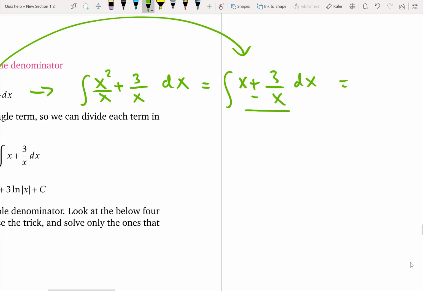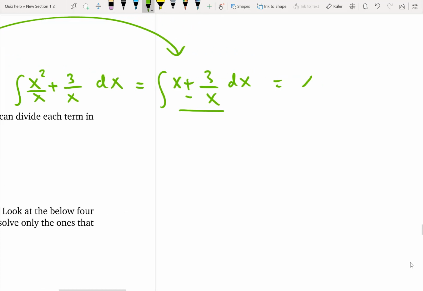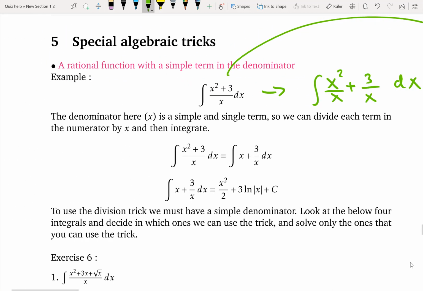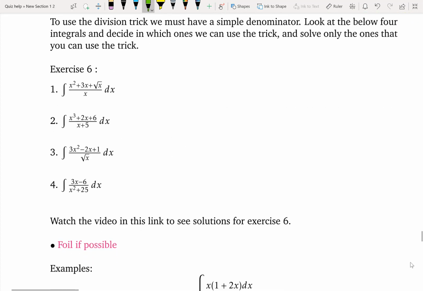So what do you get if you integrate x? You get x square over 2. What do you get if you integrate 3 over x? It's 3 times natural log absolute value of x plus an arbitrary constant. So this is what you get after you integrate that function. That is a famous algebraic trick where you split the fraction. But you have to be careful.